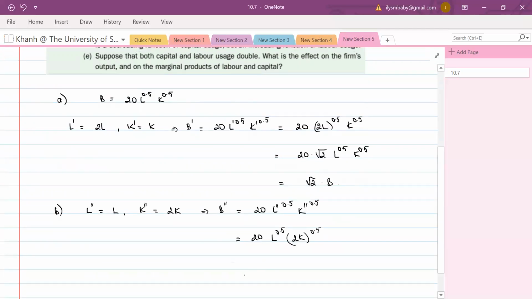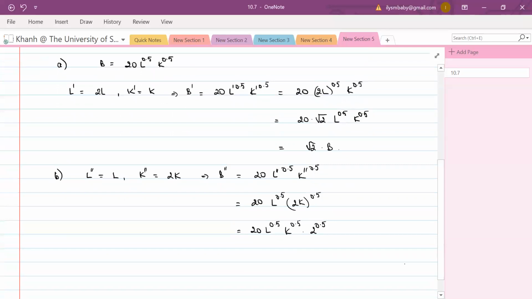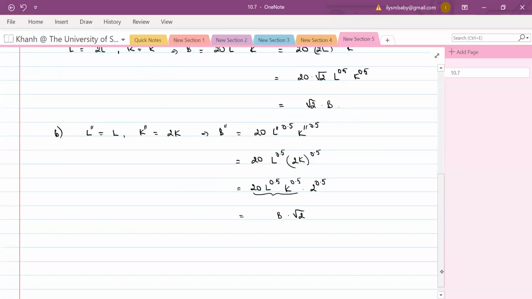If I expand everything, I will get 20 L to the power half, K to the power half, and 2 to the power half, which is square root of 2. And this part I know is just equal to B. So that is B multiplied by the square root of 2. So the new output is increasing by a factor of square root of 2 compared to the original output B.